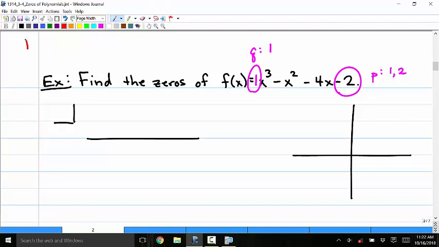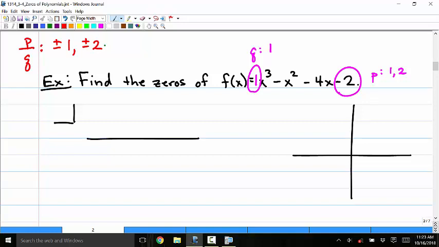The list of all possible rational zeros is P over Q. So I get 1 over 1 and 2 over 1. If that polynomial has x-intercepts that are rational numbers, there's only 4 possibilities: 1, -1, 2, and -2.